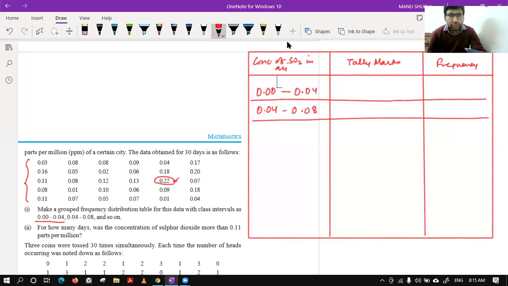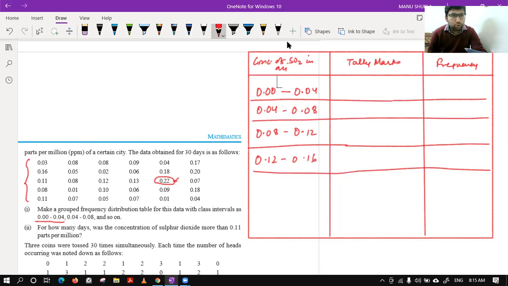After 0.08, we have to make, okay, 0.08 to 0.12. Then the next one is 0.12 to 0.16. Fine.